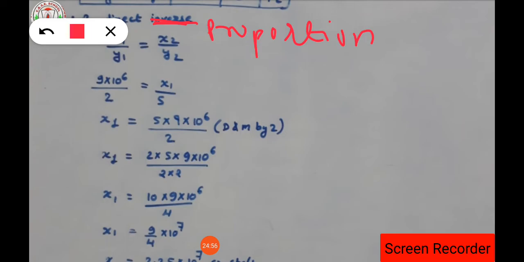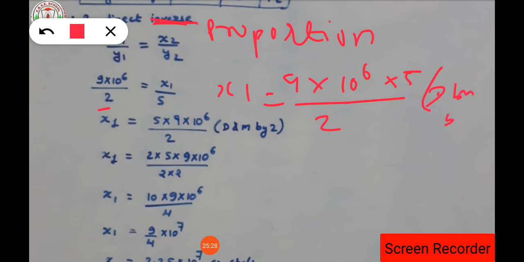Now while doing the cross multiplication, how much will we get? 9 into 10 to the power 6 into 5 upon 2, with the 2 there. Then after equals to, we have to find the value of x1 crystals. Now solving this, we have to divide and multiply by 2, so in the numerator and denominator 2 will be multiplied.